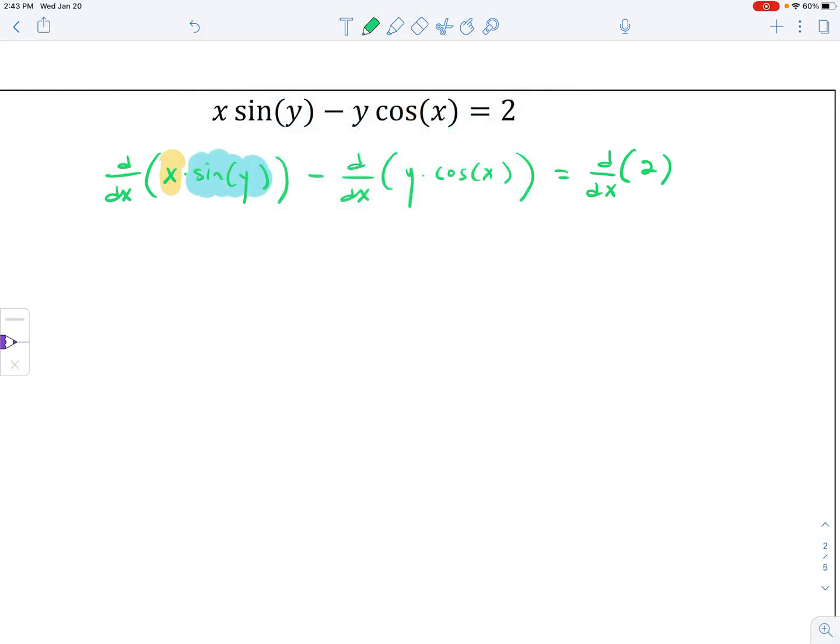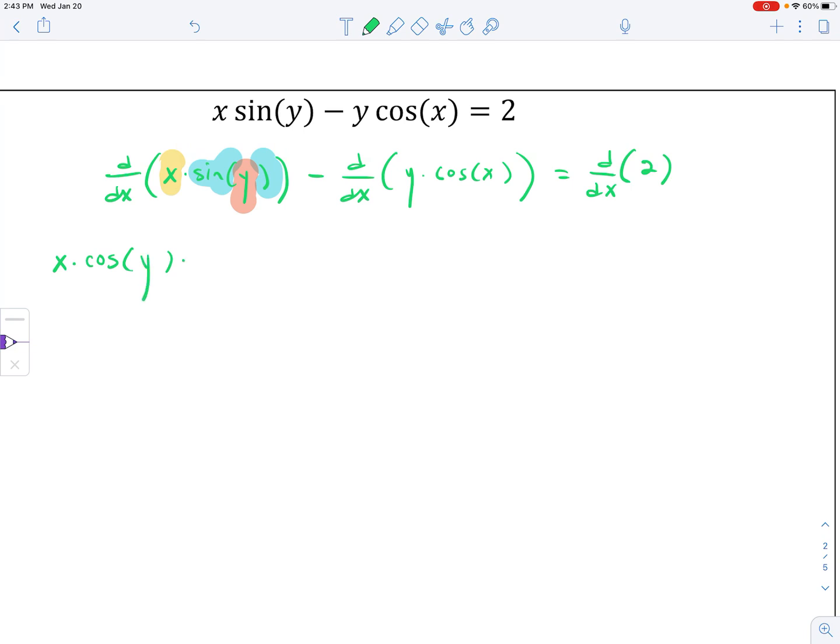Okay, so we have a product, right? We have x times sine of y, meaning we need to use product rule. So first factor times the derivative of the second factor. And to find the derivative of the second factor, remember we need to think chain rule. So sine is the outside, y is the inside.